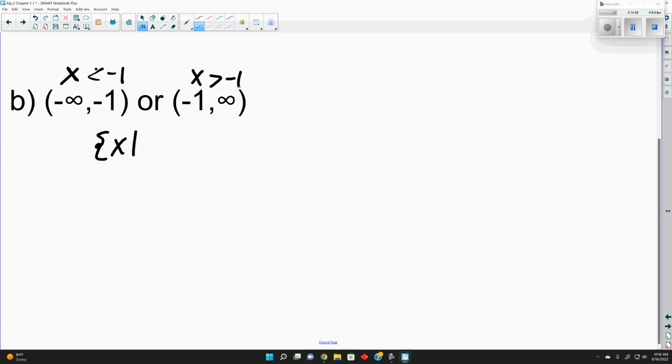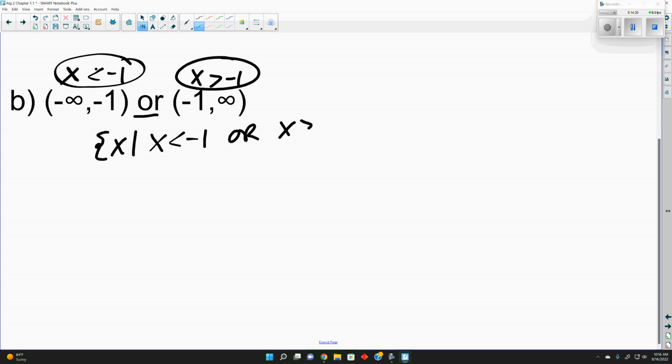So for the description here, we can use these, because we can say that x is less than negative 1, or x is greater than negative 1. So we're just using those two inequalities.